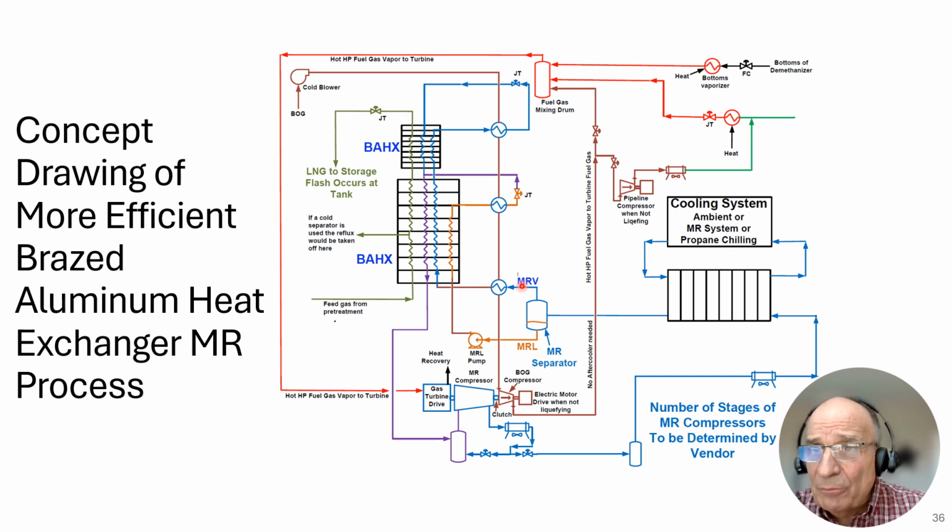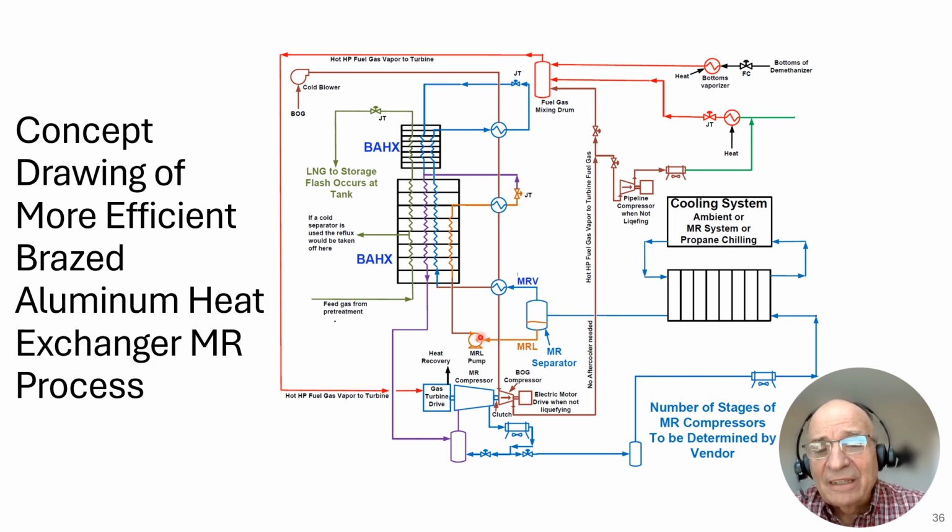Now we'll have the other components, but it'll be a higher percentage of the more volatile components in the MRV and the less volatile components in the MRL. So the MRL would be a good candidate to do low temperature cooling, and the MRV would be a good candidate to do very low temperature cooling. So let's see what we're doing here.